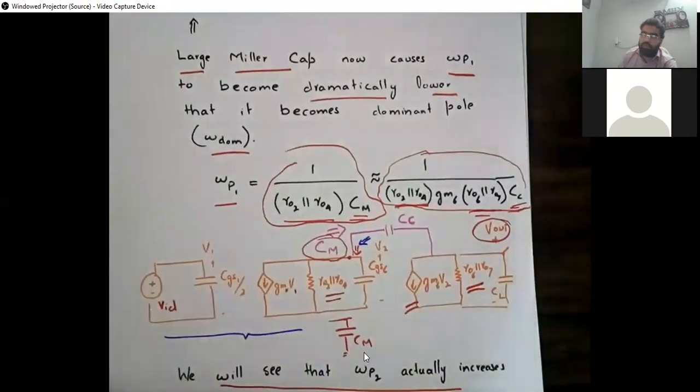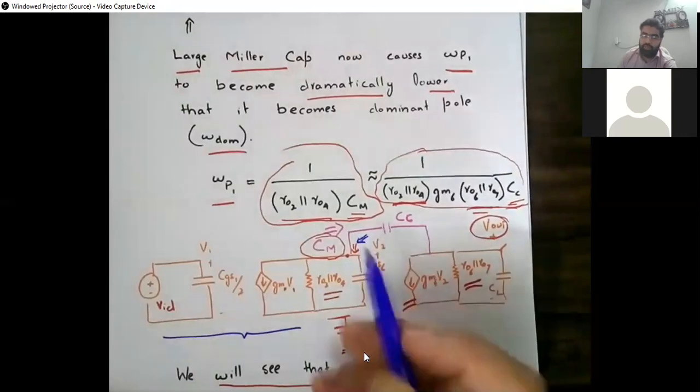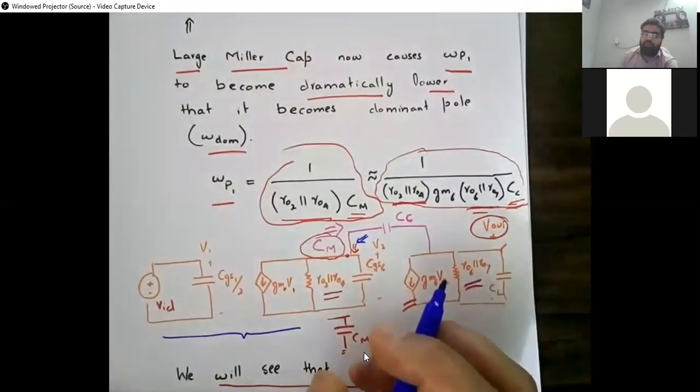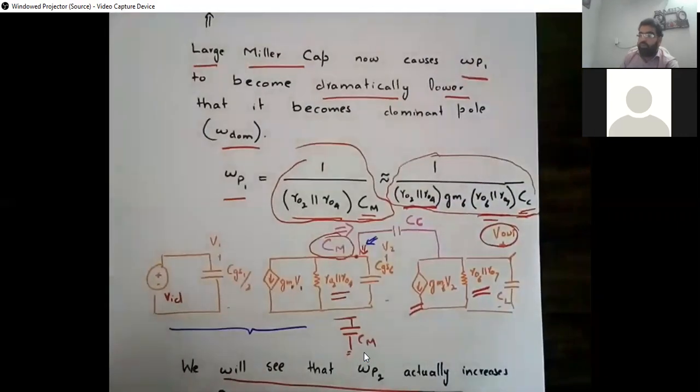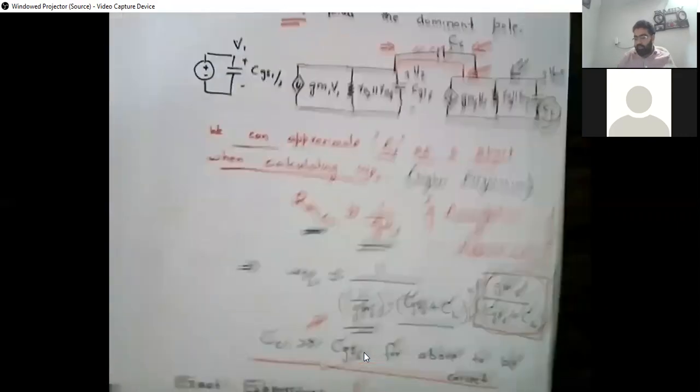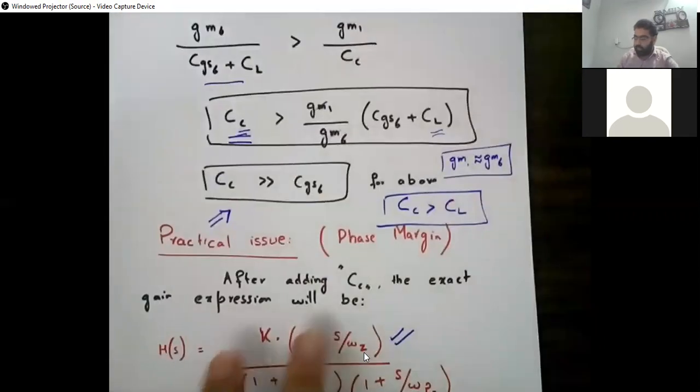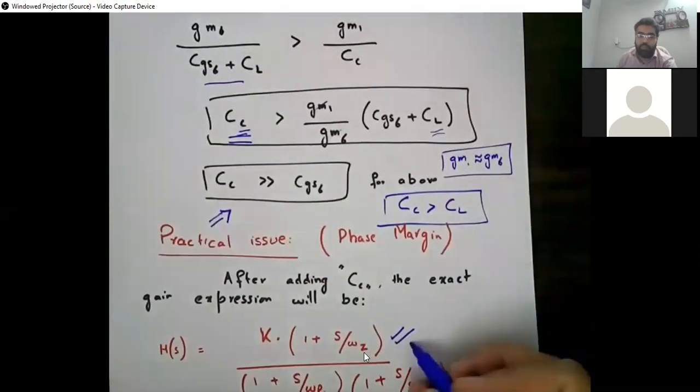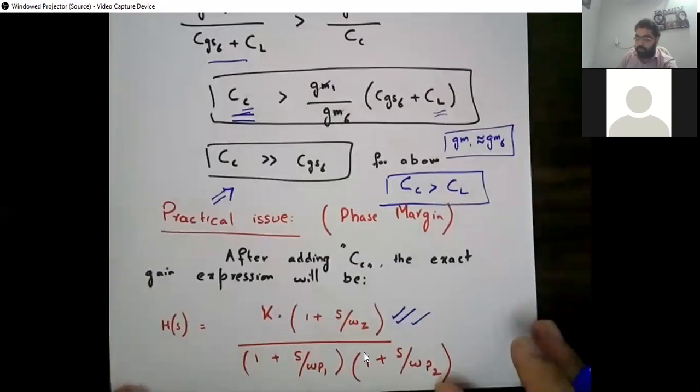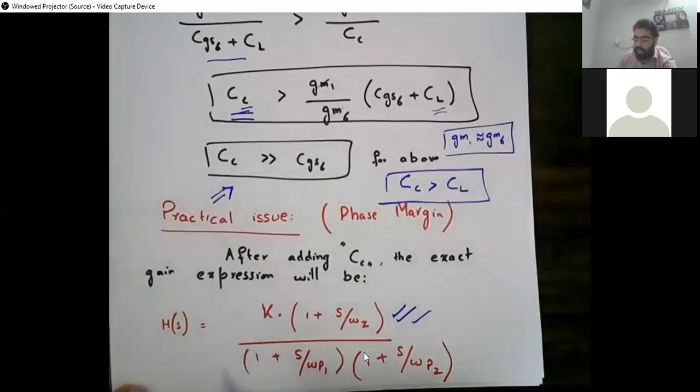Since we did some approximation, we assumed this point as a short and neglected that effect for easy calculation. But if we do the accurate calculation, we will conclude that we also have a zero lying at this point. And that zero is going to appear in the overall expression as K times 1 plus S by omega Z, divided by 1 plus S over omega P1.